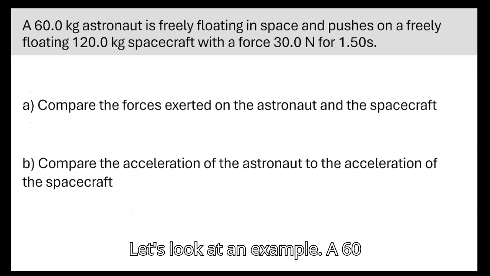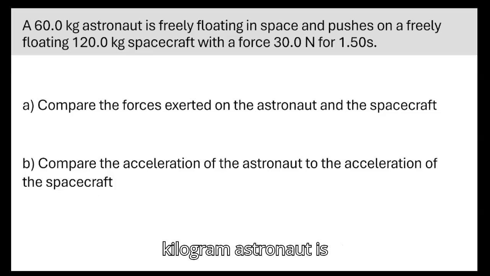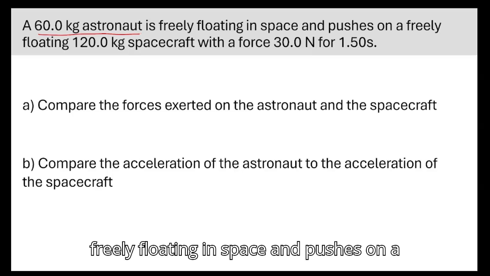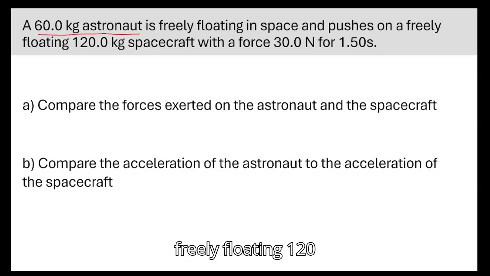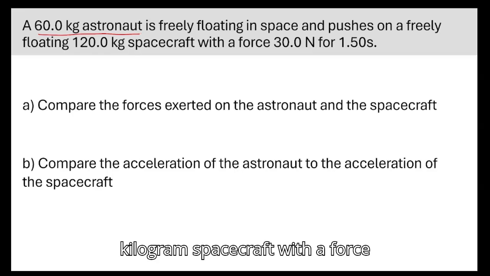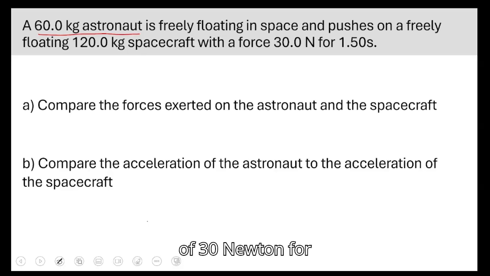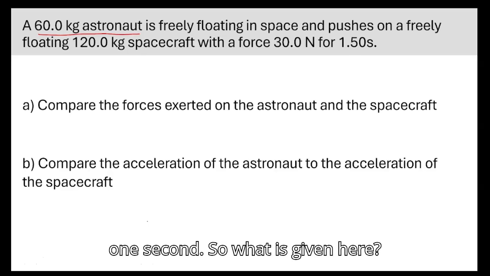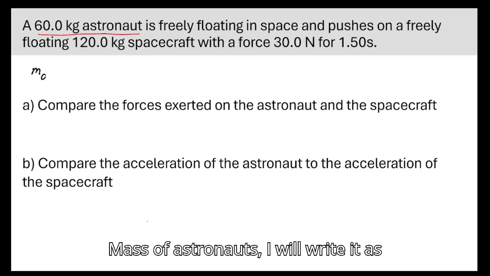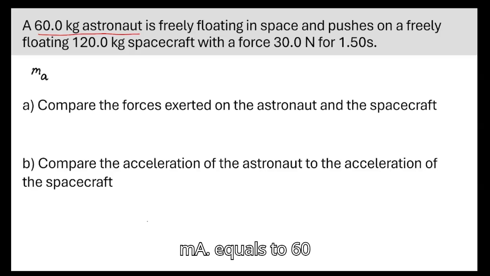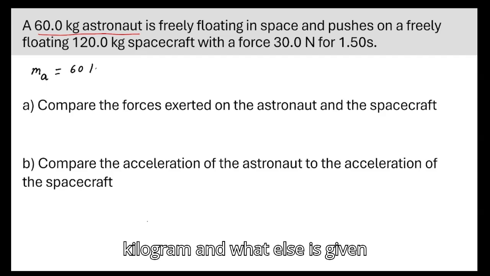Let's look at an example. A 60 kilogram astronaut is freely floating in space and pushes on a freely floating 120 kilogram spacecraft with a force of 30 Newton for 1 second. So what is given here? Mass of astronaut, I will write it as ma, is equal to 60 kilogram. And what else is given?